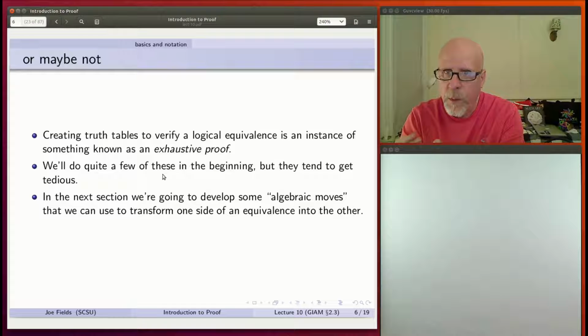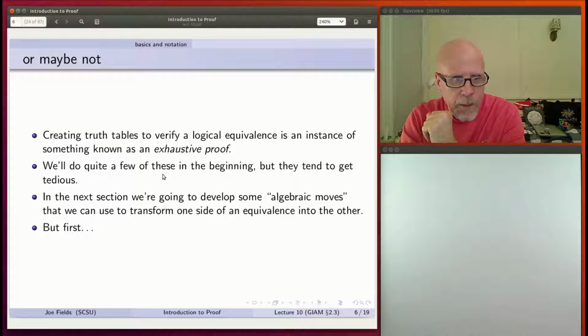So I often put the more complicated thing on the left, the simpler thing on the right, and so I will be going from left to right. But it's not universal. You can choose which way you want to do it. But before we go on to do that, we should actually do a few more truth tables, because it's good practice, and likely there'll be some quiz questions on things like this.